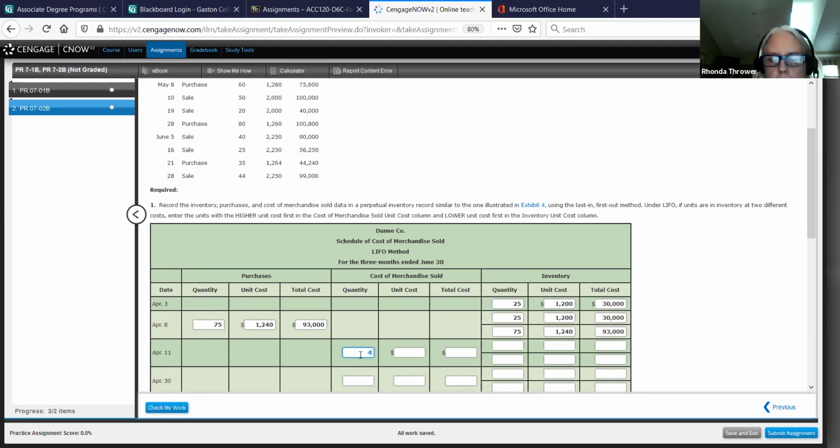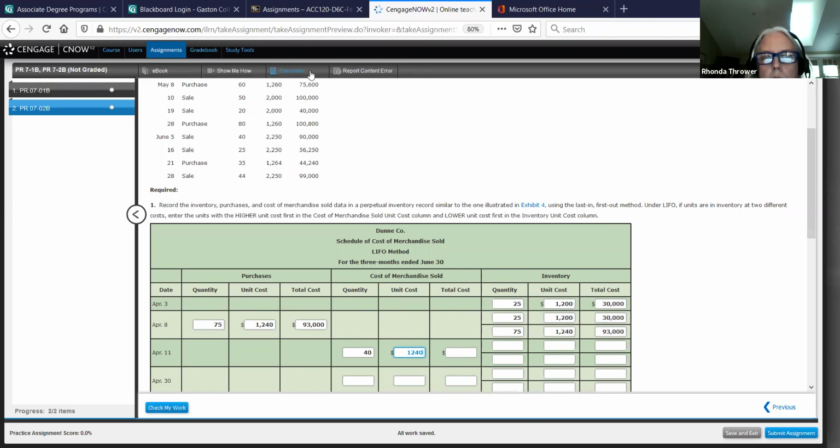So all 40 units are going to come from this last layer, which is 1240. Therefore, we get the name LIFO, last in, first out. This is the last units you have in inventory. So these are going to be the first that you're going to sell under the LIFO method.